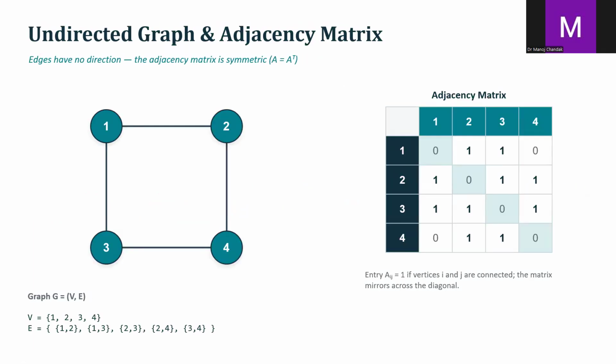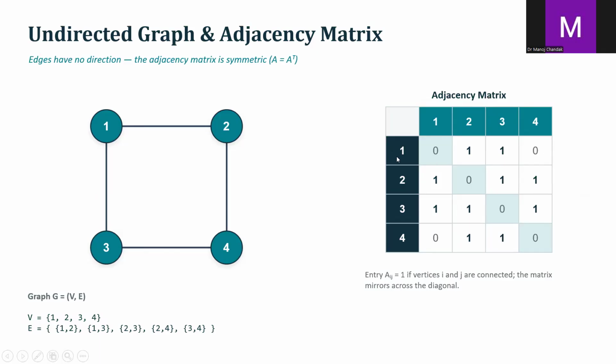You can see here that this graph is an undirected graph, with the adjacency matrix also seen. There are four vertices and there are some edges. Now, what is observed when you talk about the adjacency matrix of this graph? The edge 1 to 2 is also equivalent to the edge 2 to 1.